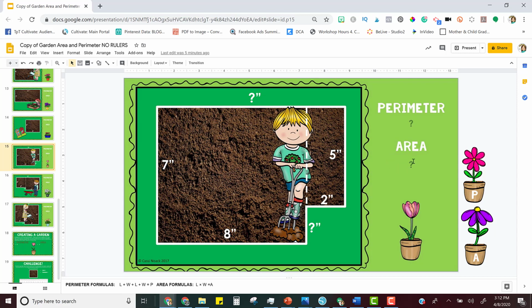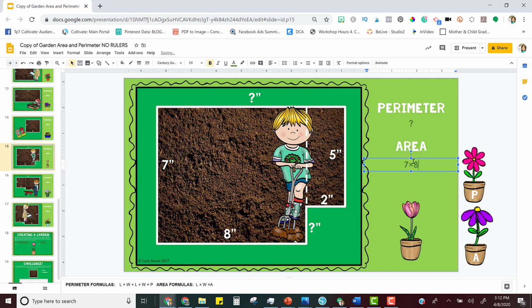So to show that as a math sentence, you have to do it 2 separate times. We're going to have to do 7 times 8 for the area of the larger rectangle, and then we're going to have to add to that the area of the small rectangle, or 5 times 2. Once we do the math for this problem, we can figure out the area.